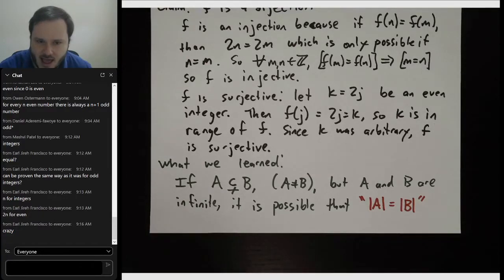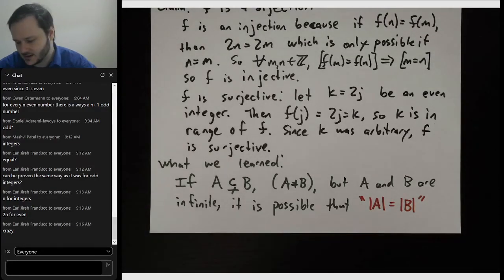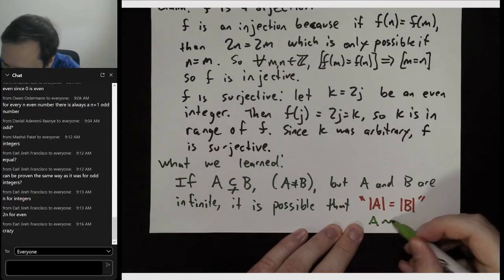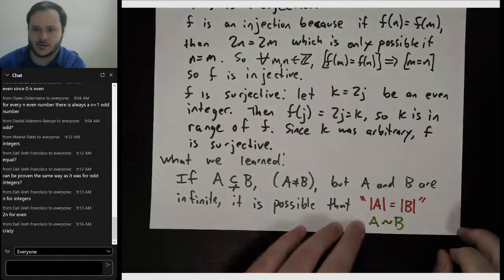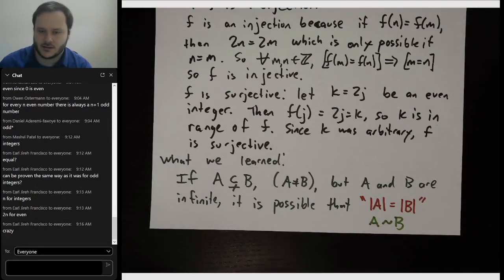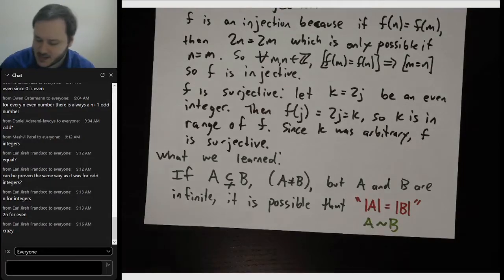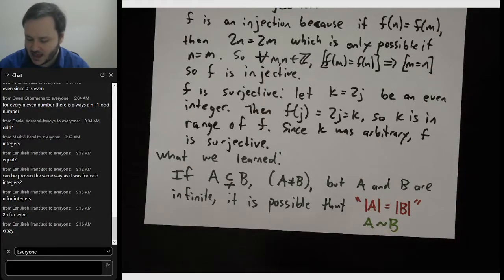And because of that, we need a different idea. And so what we actually say is A is comparable to B. This is the symbol we're going to use. They have the same size or the same cardinality.